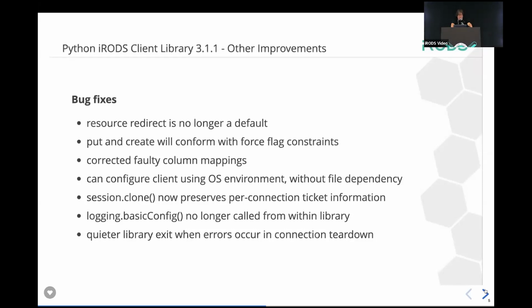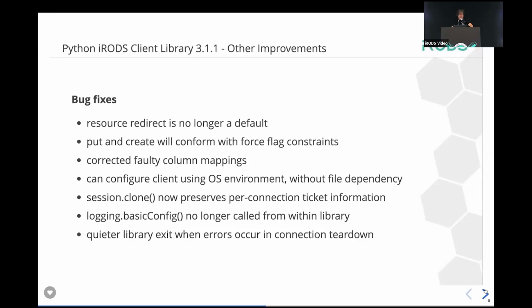For a long time, we've had a configurable client using a file that you can direct the PRC to look at to load settings. Now you can do all of that in the OS environment without necessarily depending on a file. Session clone had a small bug in which it would actually clear out a mapping that the original object being cloned had, and we don't do that.